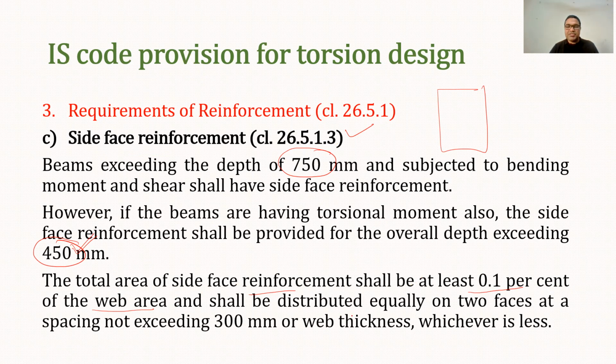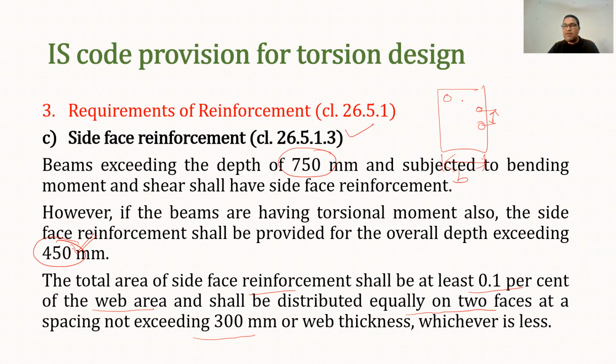It shall be distributed equally on two faces at a spacing not exceeding 300 mm or web thickness, whichever is less. So if we are providing side face reinforcement like this, the spacing should be less than or equal to 300 mm or this value, which is the web thickness, whichever is less.